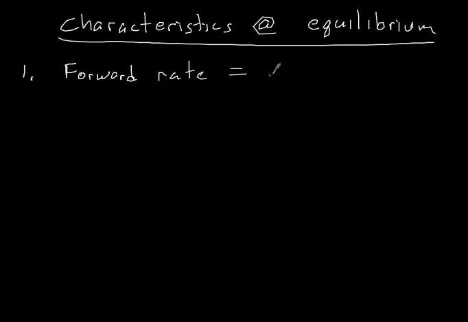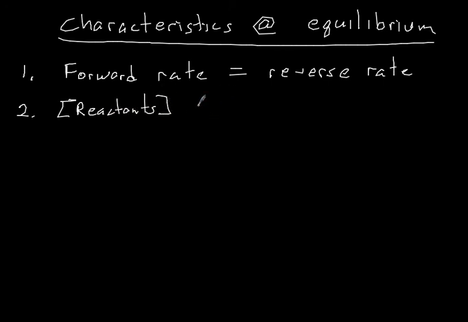The rate of the forward reaction and the rate of the reverse reaction are the same. And so that's why the concentrations of the reactants and the products stay the same. They are unchanging.